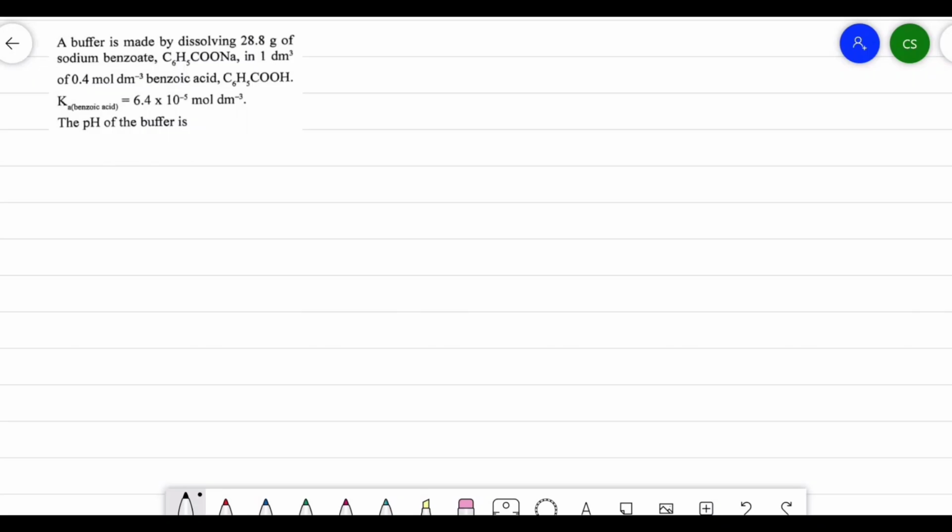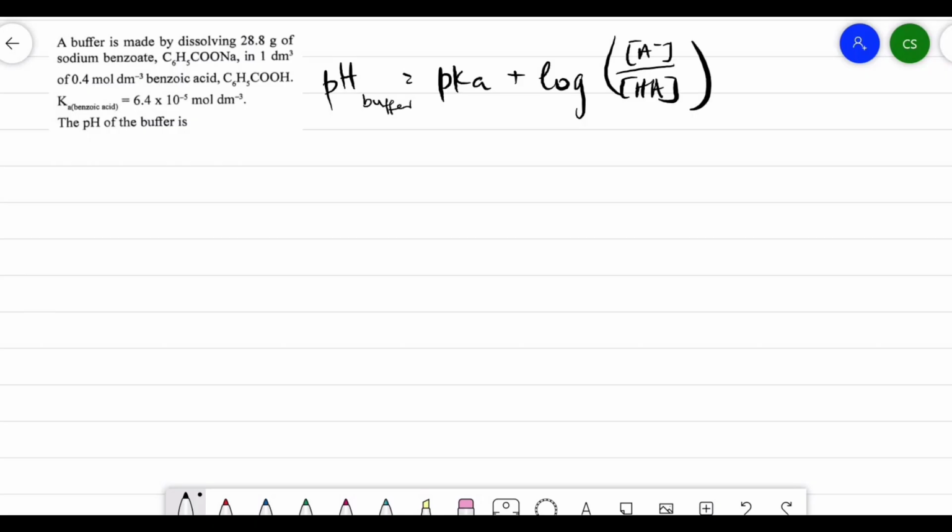Alright, first, the pH of a buffer is equal to pKa plus log to the base 10, of course, of the concentration of the salt divided by the concentration of the acid, represented by HA, however you want to represent it.